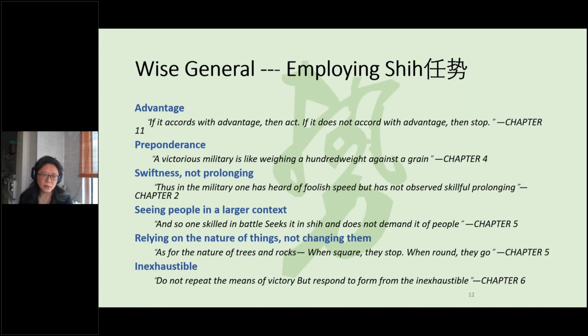So that's one example of seeing people in a larger context, as Sun Tzu put in chapter 5. One skilled in battle seeks it in shi and does not demand it of people, because it's very hard to change people, even in long-term aspects, let alone in a few hours.